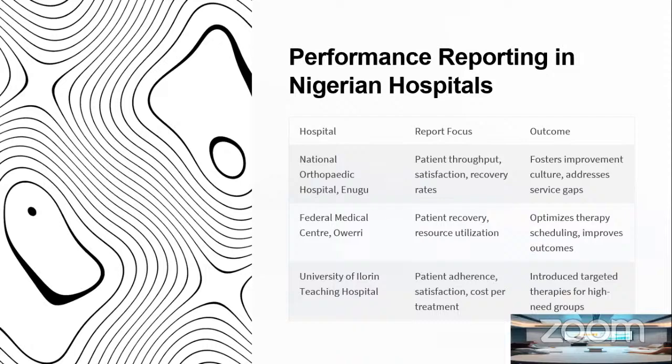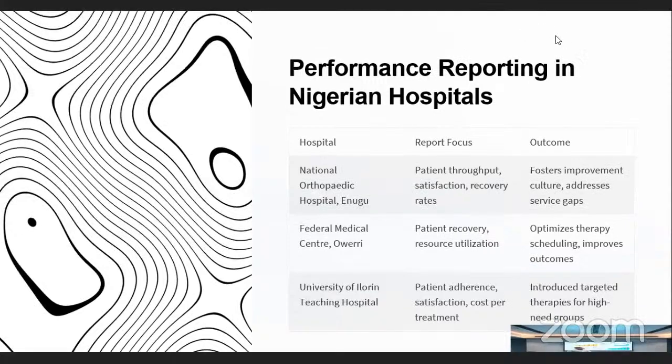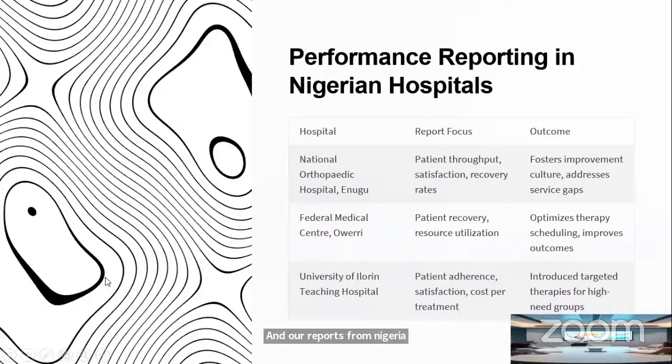And our reports from Nigeria, we identified 4 hospitals. The National Orthopedic Hospital in Enugu focuses its report on the patient throughput, patient satisfaction, and the rate at which patients recover.